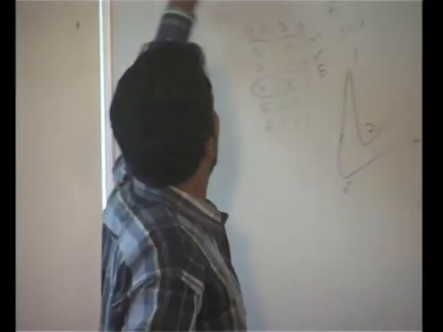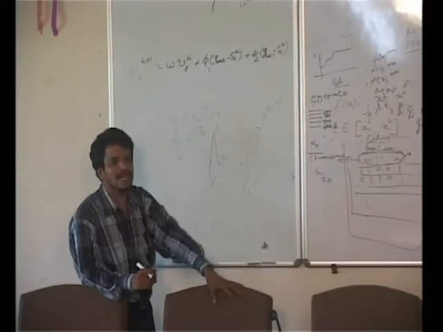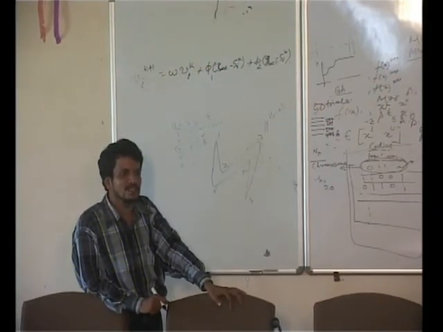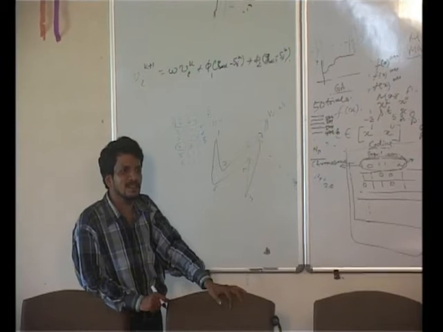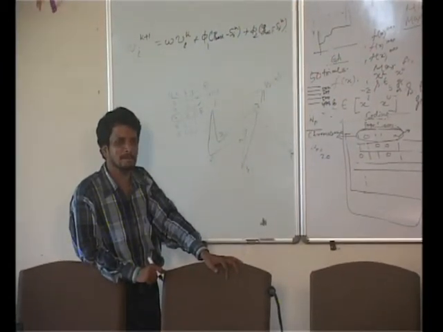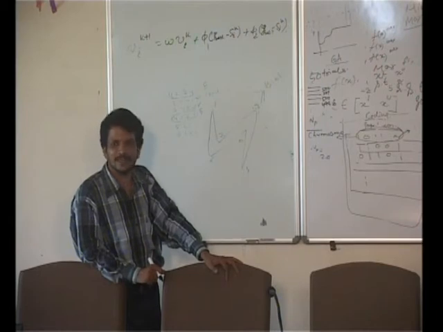If you look into the mathematics, what is this equation? Vi k plus 1 equals omega Vi k. Is it not a differential equation? It is a differential equation in discrete domain, that is, a difference equation.